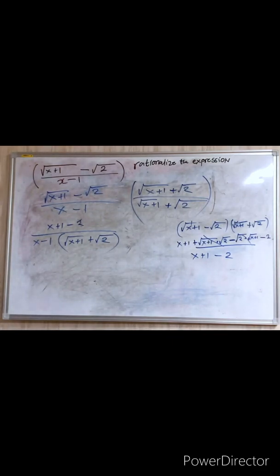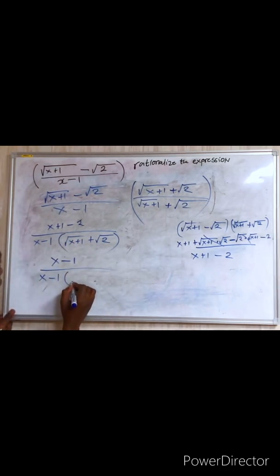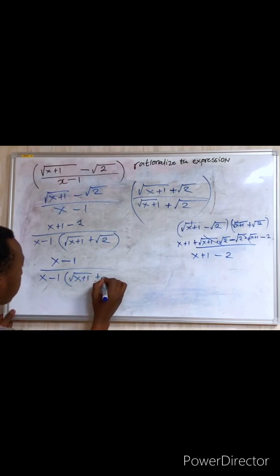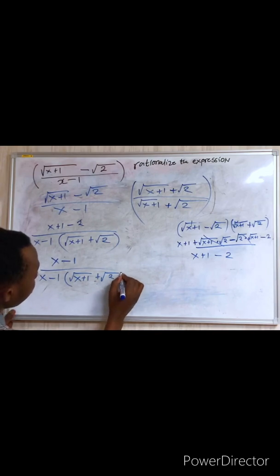The simplification of that one is just x minus 1, because when you add 1 to negative 2, you get negative 1. So you divide it by the denominator, x minus 1 open bracket root x plus 1 plus root 2.